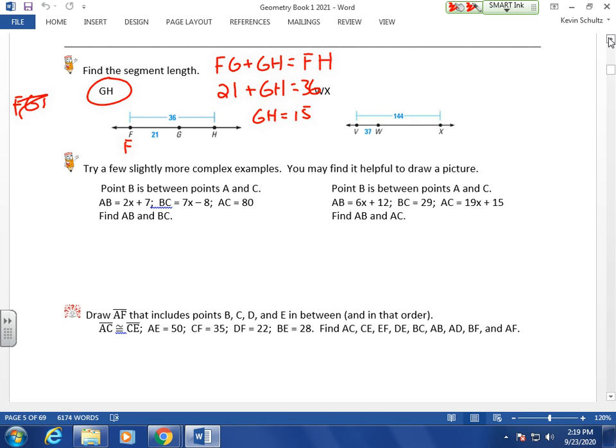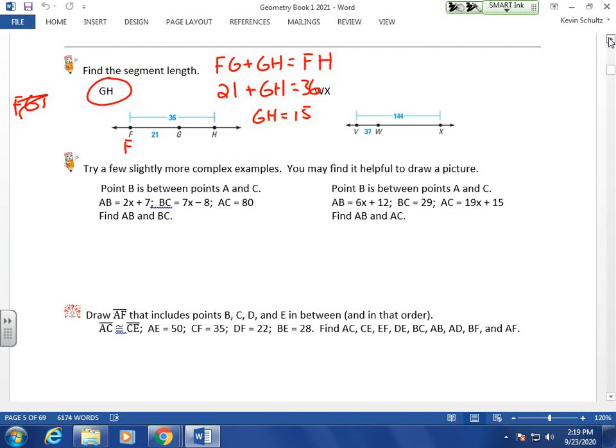So for the next one here, I want you to start by using the segment addition postulate to set up an equation, not using numbers, right? But with the segment parts and wholes. Because of the segment addition postulate, what do we know? Alan?